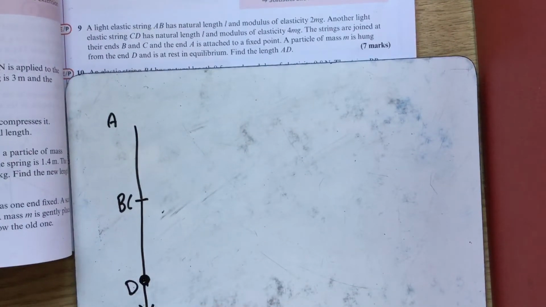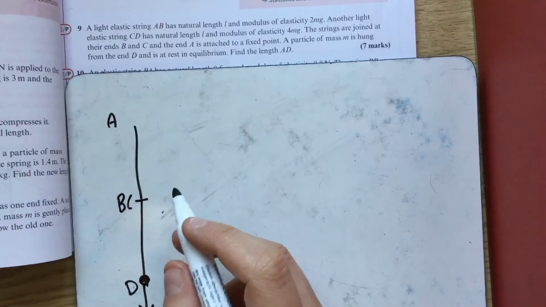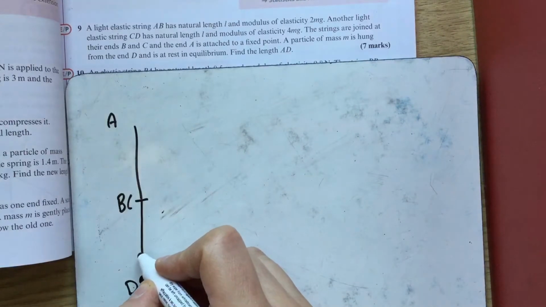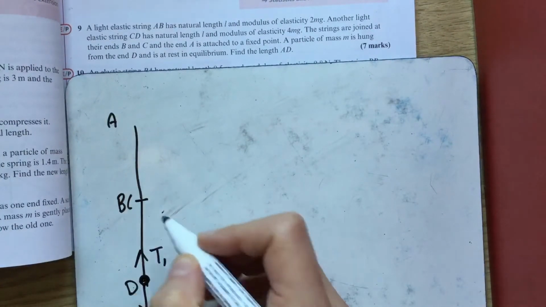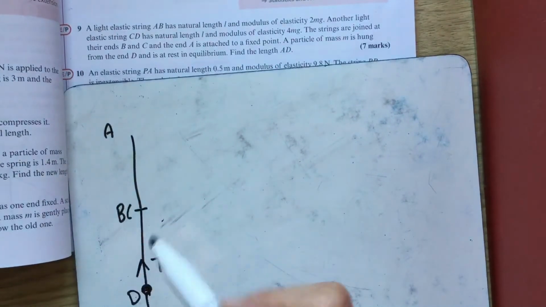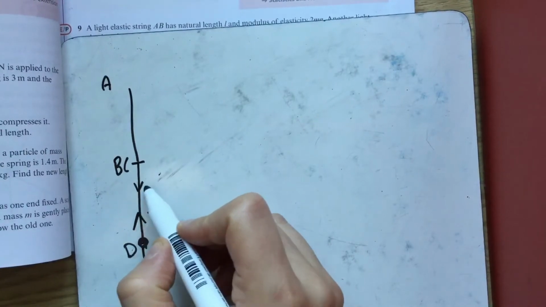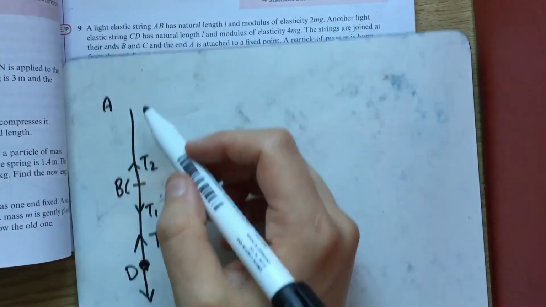So this is mg. Some of this is about understanding the tensions and getting the equations of motion. So there would be a tension here, but same as when we had the rods and the pulleys, we're also going to have that same tension equal and opposite here, and then we would have a tension here, T2.